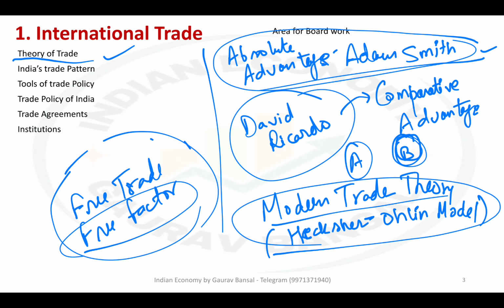And similarly, in the context of modern trade theory, after the HO model we study the Stolper-Samuelson theorem. This theorem basically argues that any country specializes in the production of those products where the raw materials or the factors of production are easily available. For example, let us say there is a country which has very limited land.